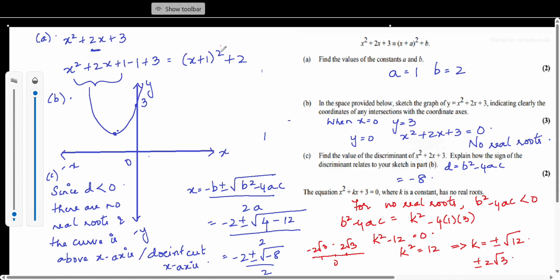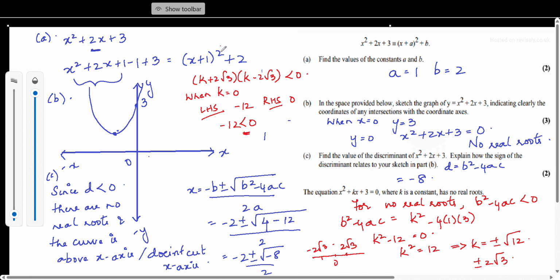Always taking 0 is easier. K squared minus 12 factorizes to (k plus 2 root 3)(k minus 2 root 3) less than 0. When you put k as 0, the left hand side becomes (0 plus 2 root 3) into (0 minus 2 root 3), which is 2 root 3 into minus 2 root 3, which is minus 12. Minus 12 on the left and right hand side 0. Between these two, the correct sign that should come is a less than.